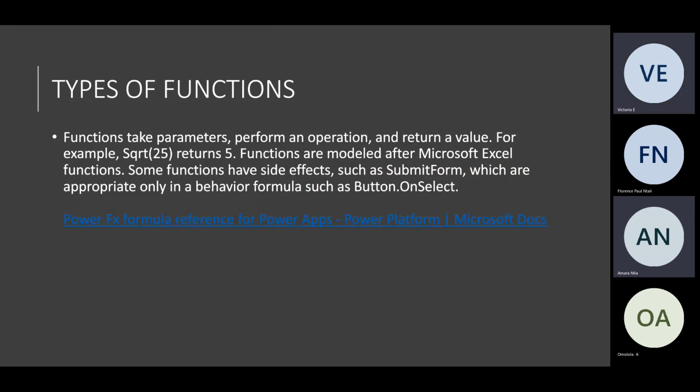Firstly, functions are what we use to tell our objects what to do. We discussed objects during the last cohort, the beginners class. So functions tell us what we want our object to do.